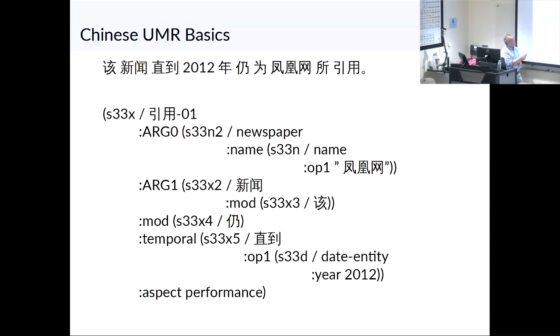For the relations, we also use arg0 and arg1, because, like English, we have a PropBank with various lexicon entries. For arg0 and arg1, you can look up the word, and you will see that arg0 is like the actor or agent, and arg1 is like the thing.